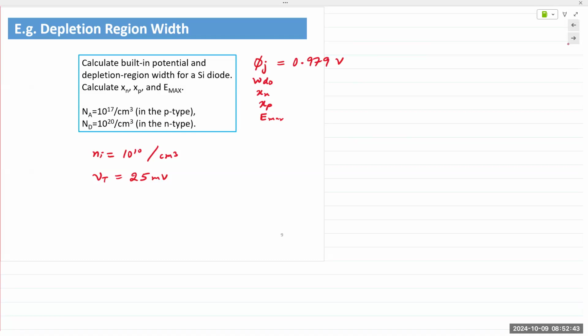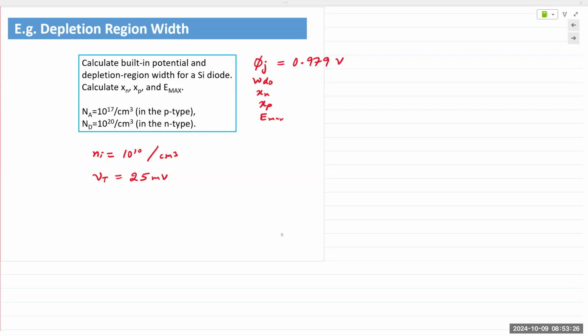Then we take that and plug it into the equation for WD0, depletion region width. Yeah, we have to take every unit prefix into account.